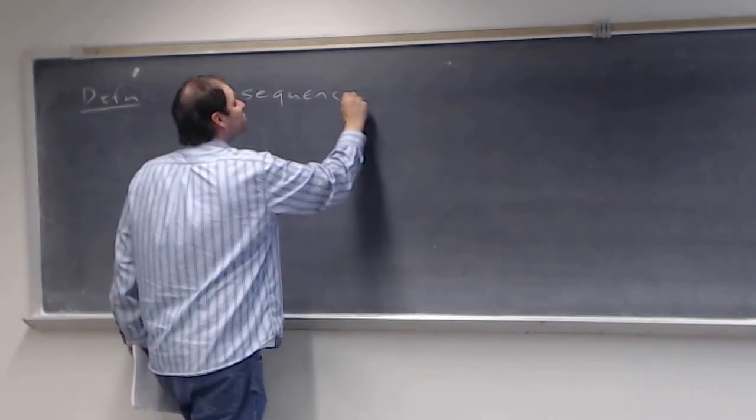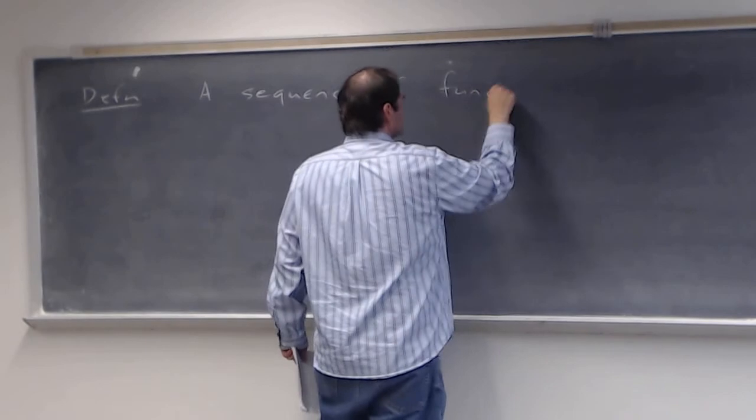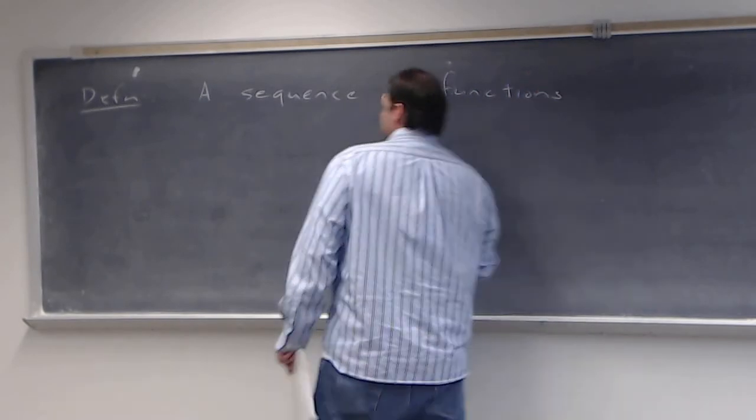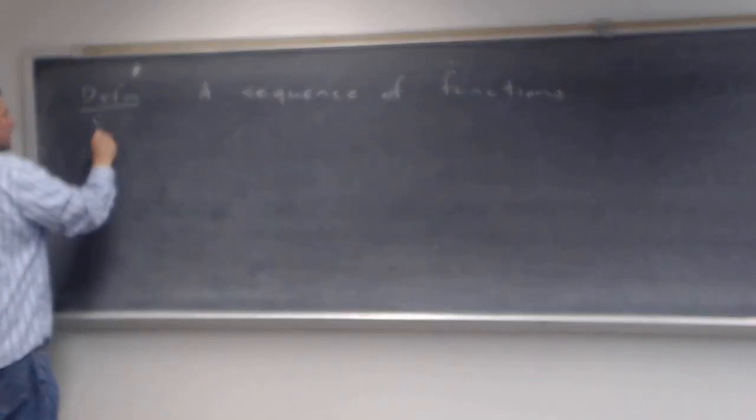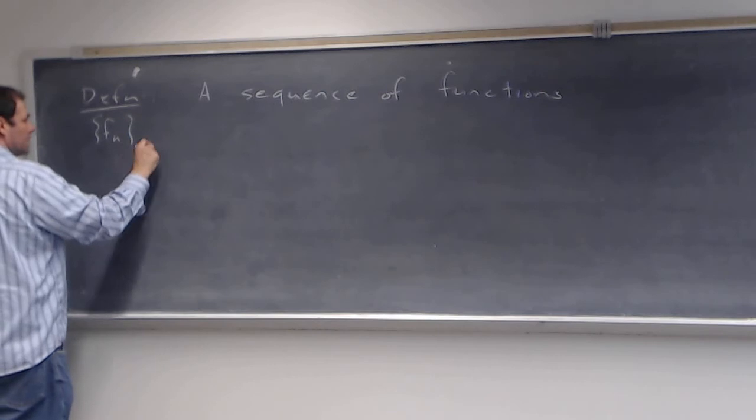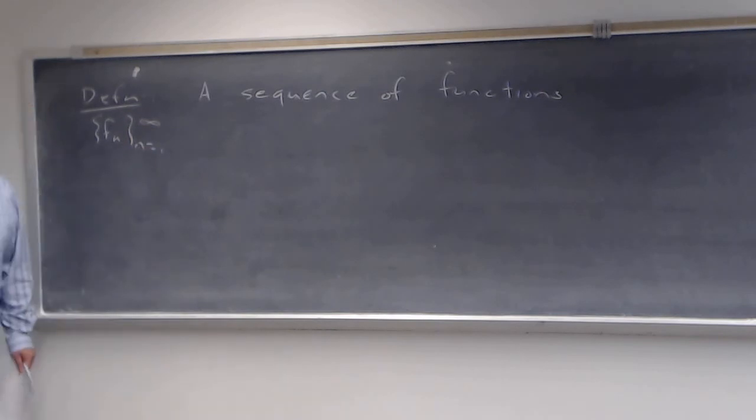we say a sequence, and really this is a sequence of functions, and we denote them by f sub n, as n runs from 1 to infinity.